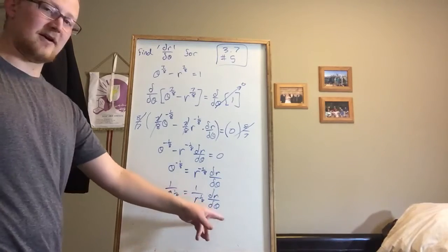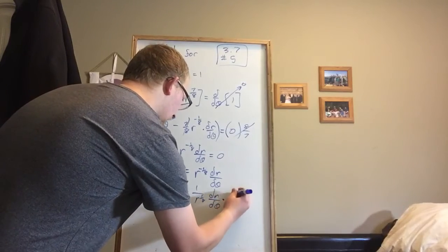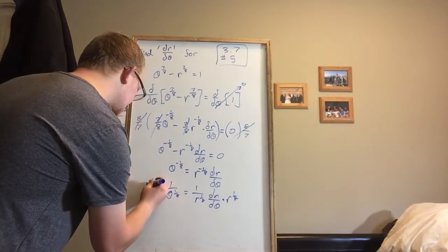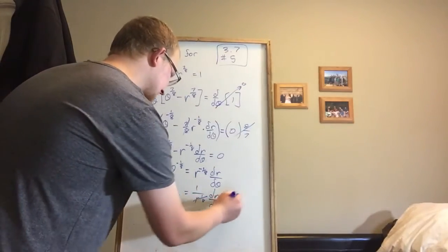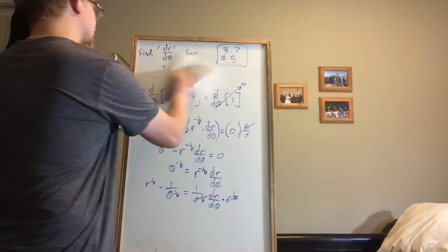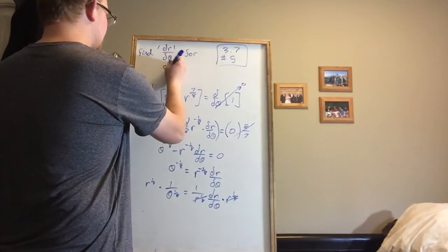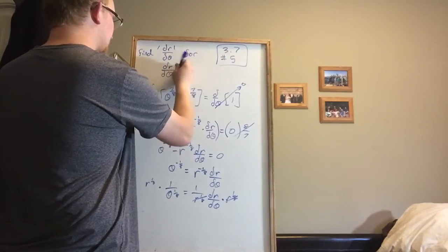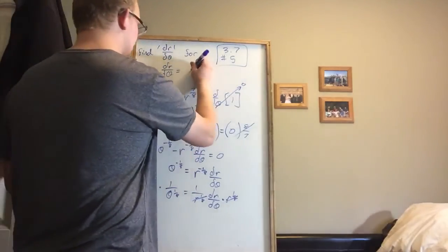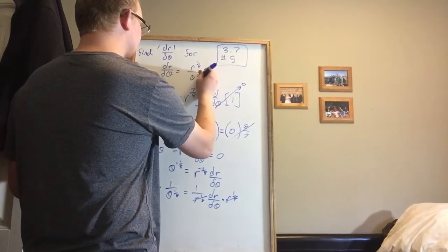And then to find dr d theta alone, we'll multiply both sides by r to the 1/8, and these cancel as intended, and what we're left with is dr d theta. Dr d theta is equal to r to the 1/8 over theta to the 1/8.